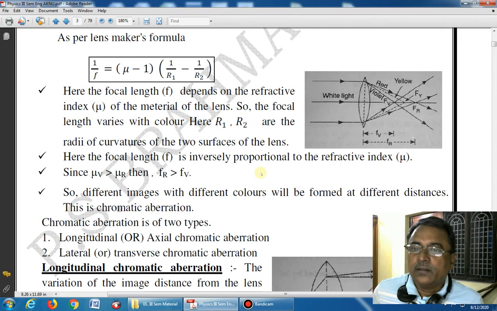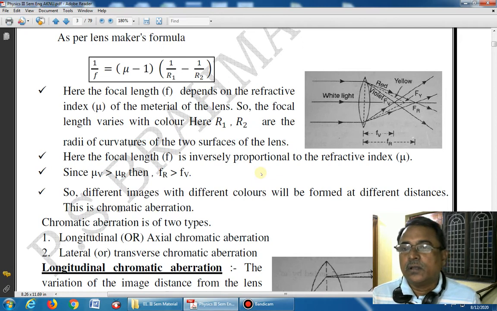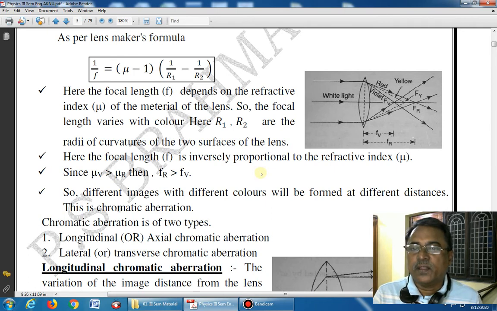In this case, what are the meanings that these letters represent? First one is focal length, or say f. Focal length means when a parallel beam of light is incident on a lens, then the rays will converge or meet at a point on the other side of the lens on the principal axis, and that point is called the principal focus.